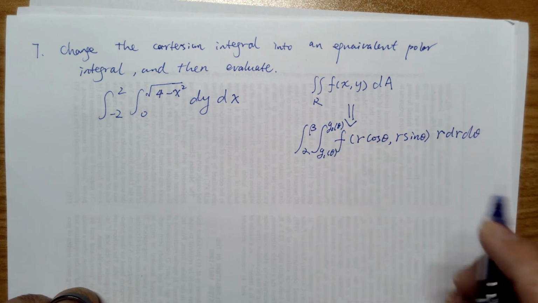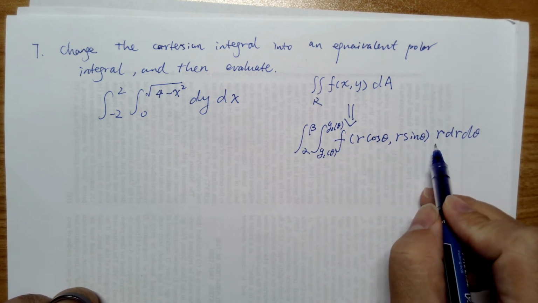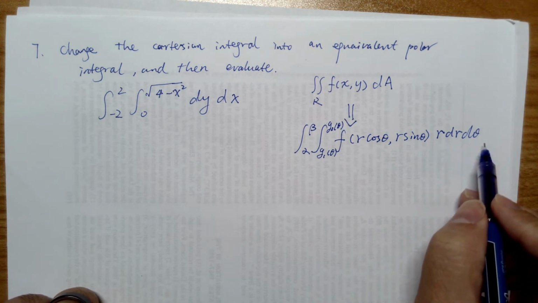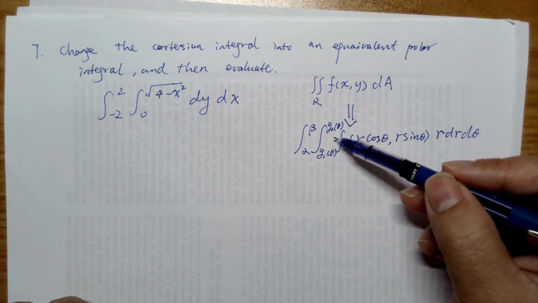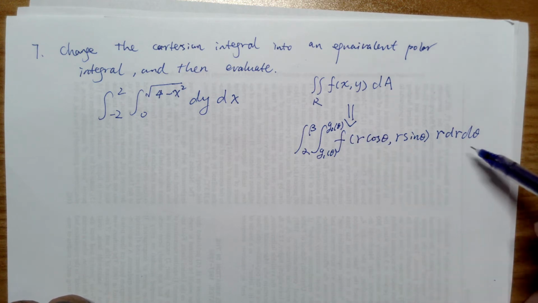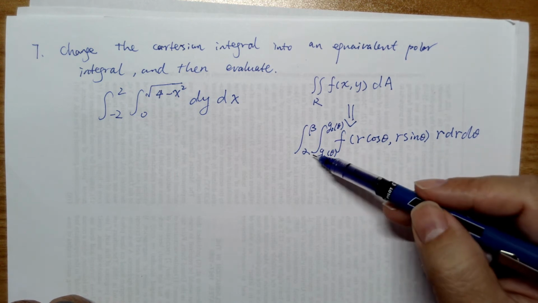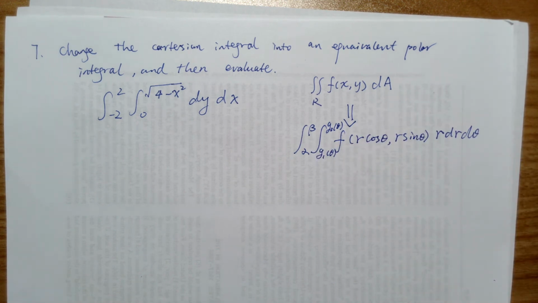And the second thing is, keep in mind that the iterated double integral for polar is going to be r dr d theta. And also lastly, you need to find the correct function in terms of theta for our r, and also the correct range of theta, which generally we denote from alpha to beta.